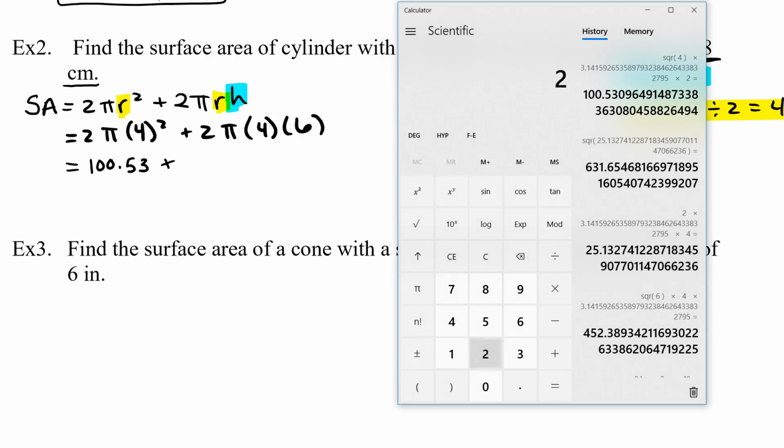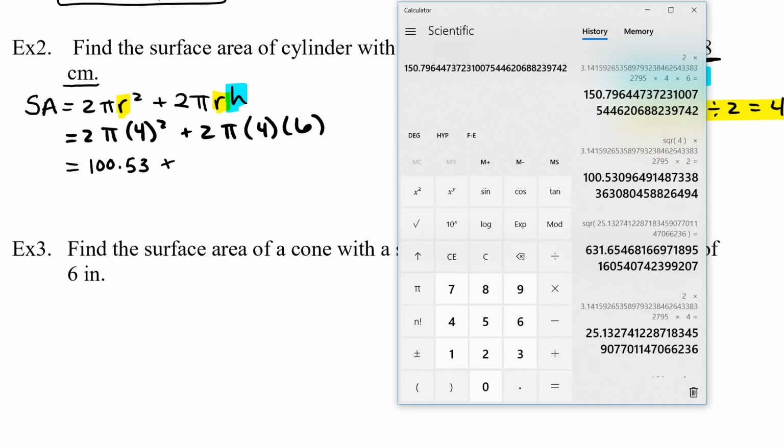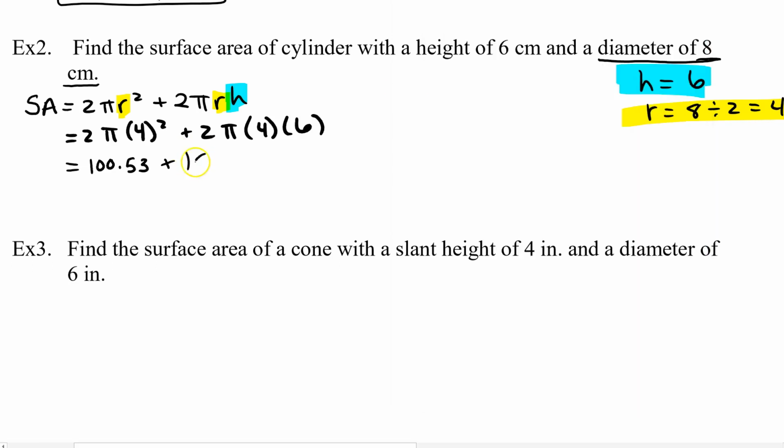Go back here. 2 times pi times 4 times 6 equals 150.796, so that's 150.8. When I add those two things together, it is going to be 251.33. Now I need to take into consideration the units, so it's going to be centimeters squared. Always squared for surface area.